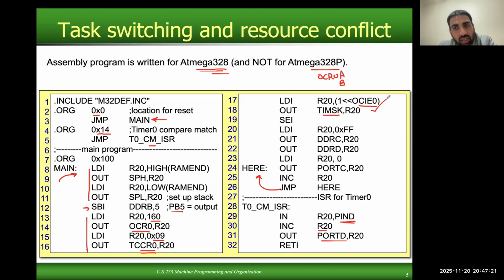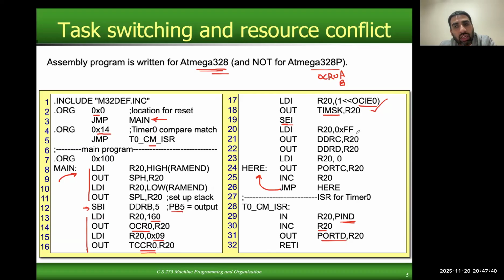Okay, so after enabling the individual interrupt for output compare, we also need to set the I flag in the SREG status register, right? So for that we are saying set enable interrupt flag.